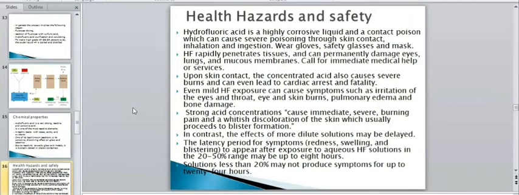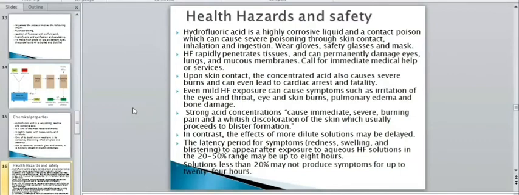In contrast, the effect of a more dilute solution may be delayed. The latency period of symptoms means after how much time the symptoms are shown.